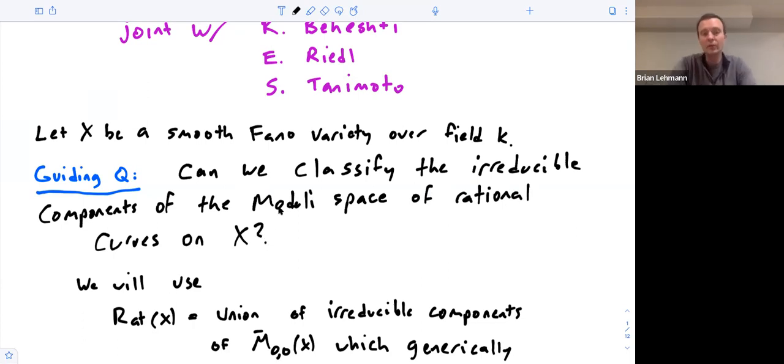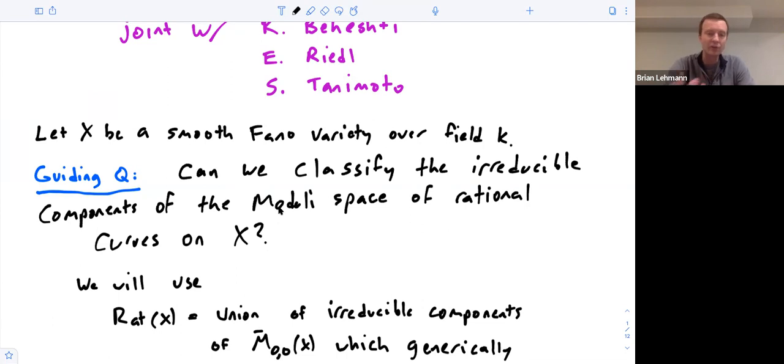Following Mori's work, we know that we can expect X to carry a lot of rational curves. And then the question is, what are they? Can we classify the components of this moduli space? This is some kind of classification result.